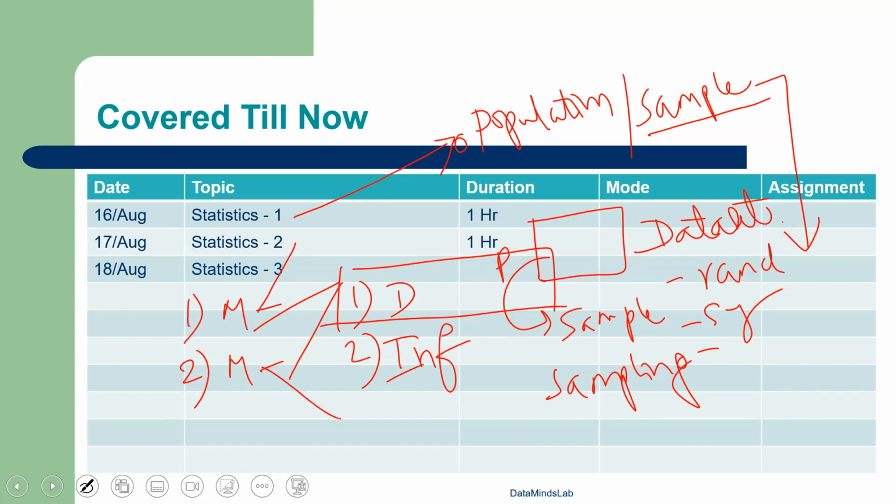In the second we covered the range, interquartile range, variance, and standard deviation. This is all we covered in the last class, and we extensively discussed most of the topics related to descriptive statistics.